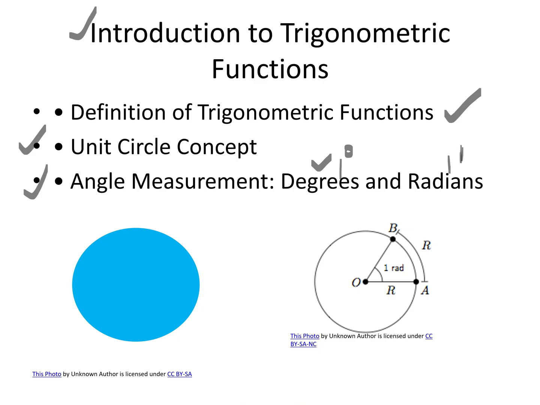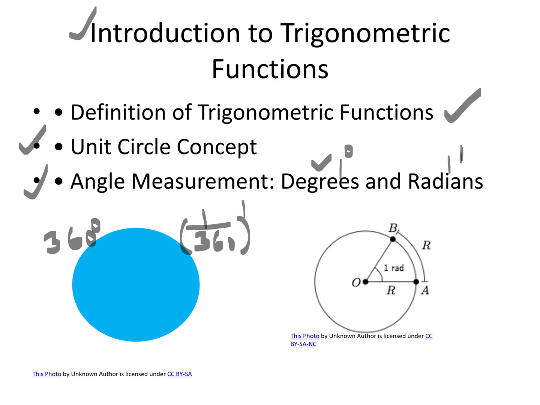To define the degree, if I take the complete circle, a complete circle means 360 degrees. One complete revolution means 360 degrees. Out of 360, if I take one part, that gives 1 degree. So 1 degree means 1 by 360th part.